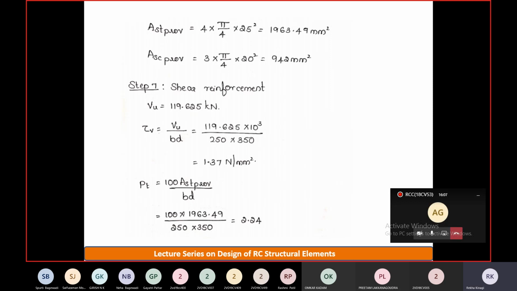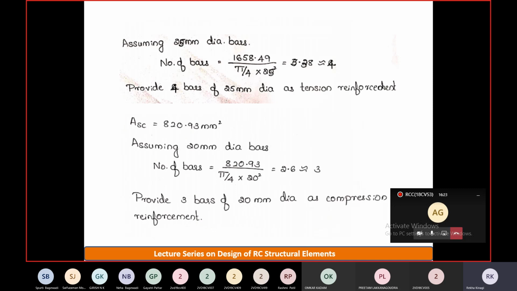Once the number of bars and the diameter of bar are decided, the next thing is to calculate Ast provided and Asc provided, because the required value will differ from the provided value. Since the required number of bars in the tension zone is 3.38, we cannot provide exactly 3.38 bars.